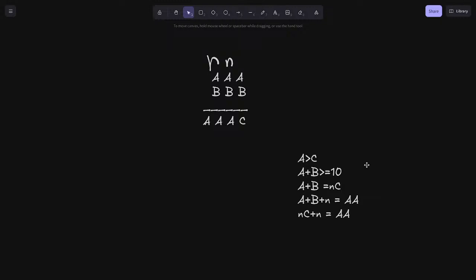So if I put C equal to 0, A plus B is equal to 10, and C is equal to 0, N is equal to 0. So 10 is going to be AA, which further is not true.